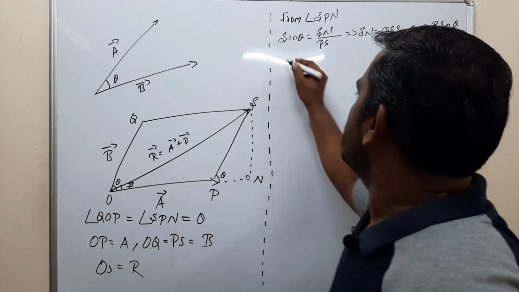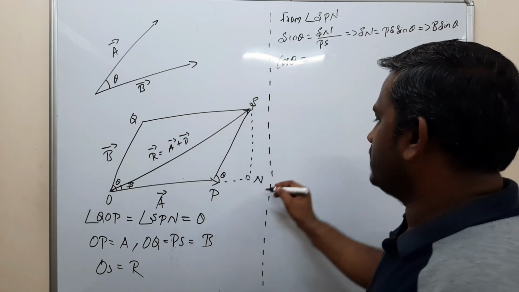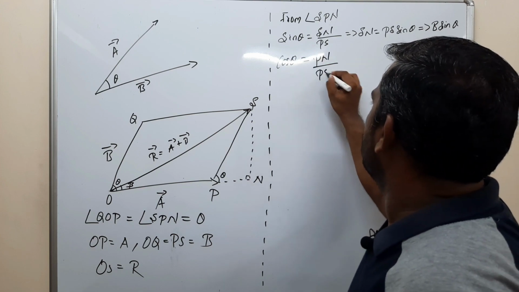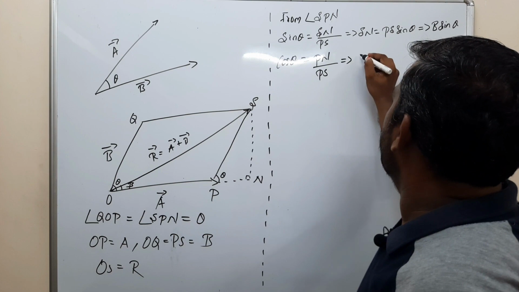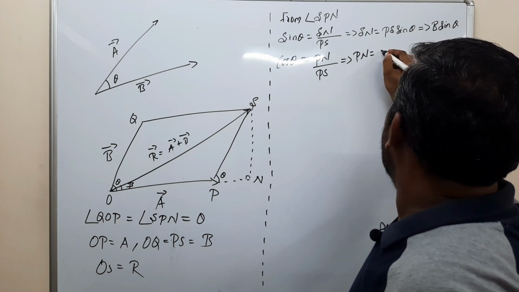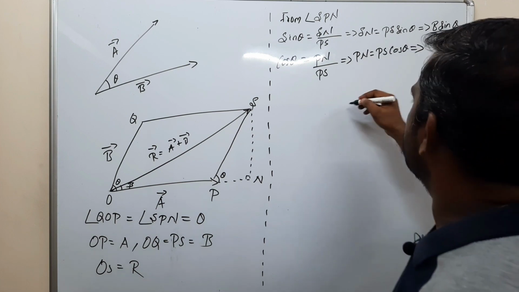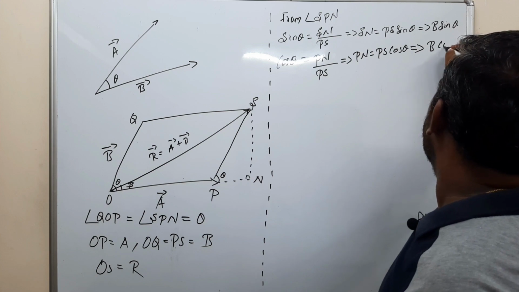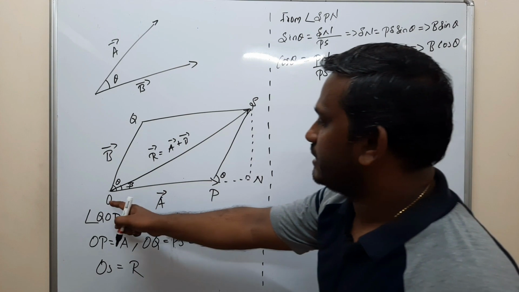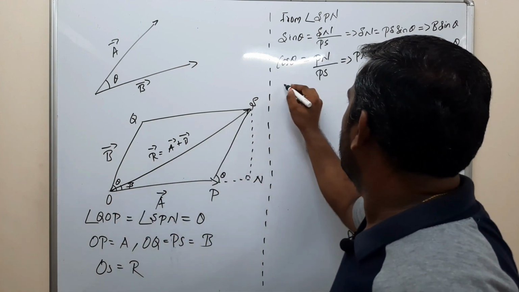Next, cos theta is equal to adjacent side PN by hypotenuse PS, so PN is equal to PS cos theta, that is B cos theta.